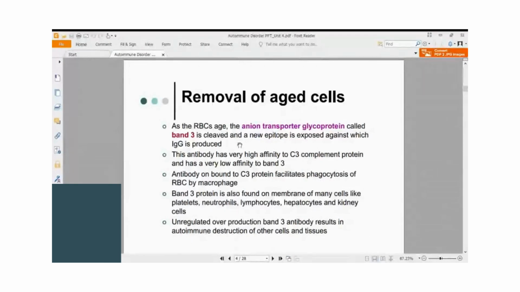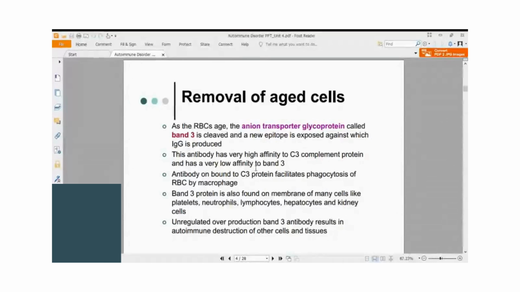And this process takes place in the liver also. Okay, phagocytosis by the macrophages. And now the balance of antibody binding and C3 complement coming and binding and destruction of that RBC by phagocytosis is well regulated.